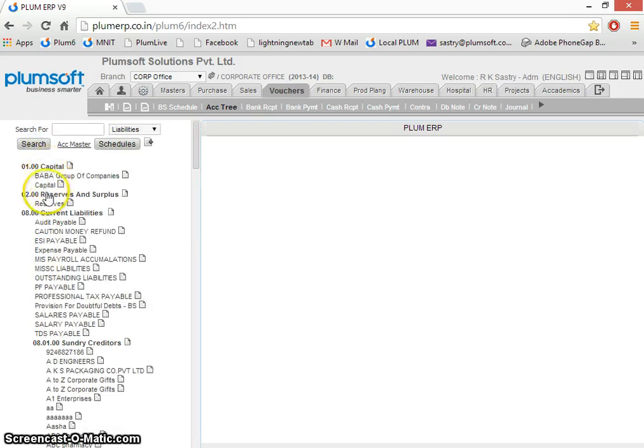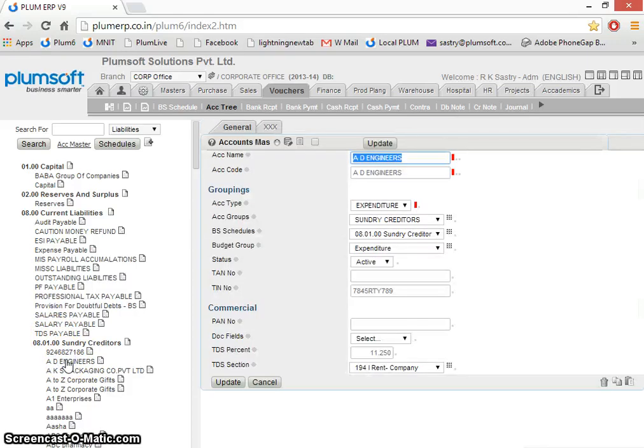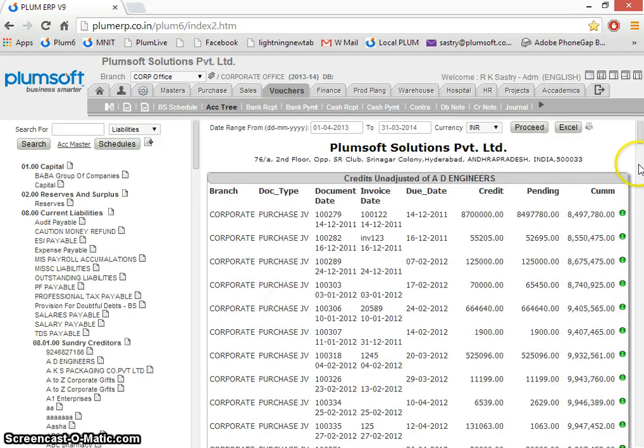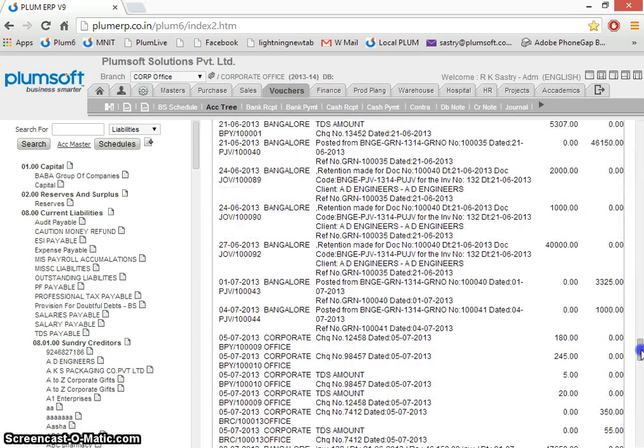Under capital we have things and current liabilities, and you can directly edit the record or get the ledger of the specific head of account. So basically, the organization has divisions, under divisions we have branches, under branches we have documents, and the finance is managed in the form of schedules, and under the schedule you have the account heads.